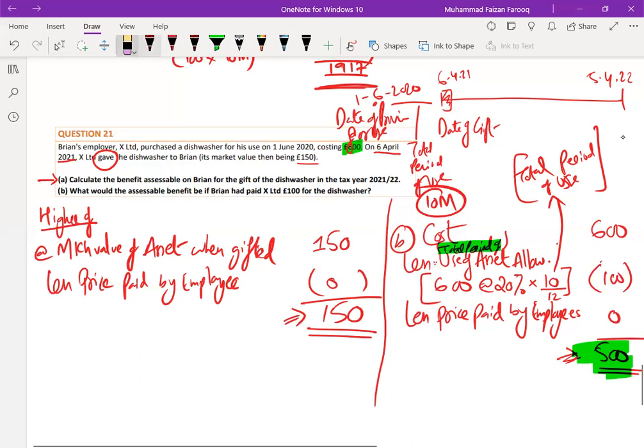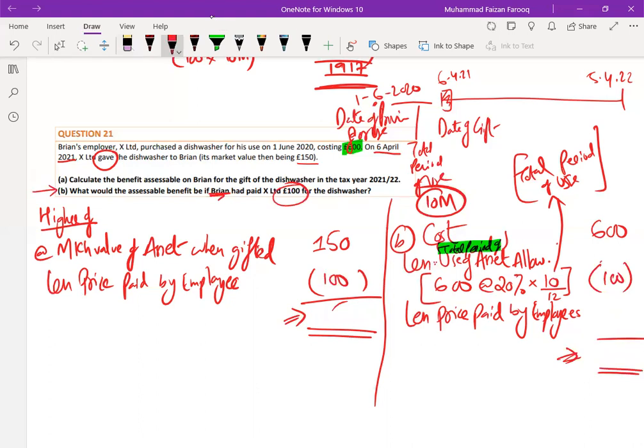Now, requirement B. What is requirement B? What will be the difference if Brian, who is an employee, paid 100 as a price for the asset? Okay, no problem. All things will remain the same, but where there was 0 as a selling price, we are going to deduct 100, which is the selling price, because benefit means free.